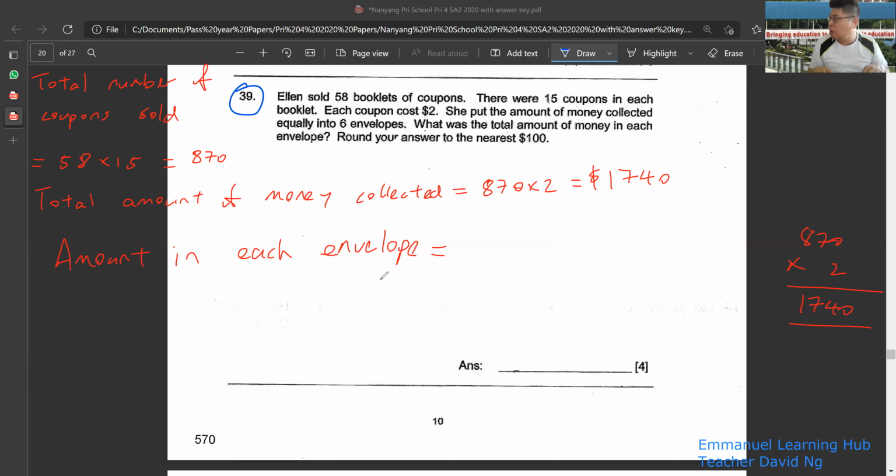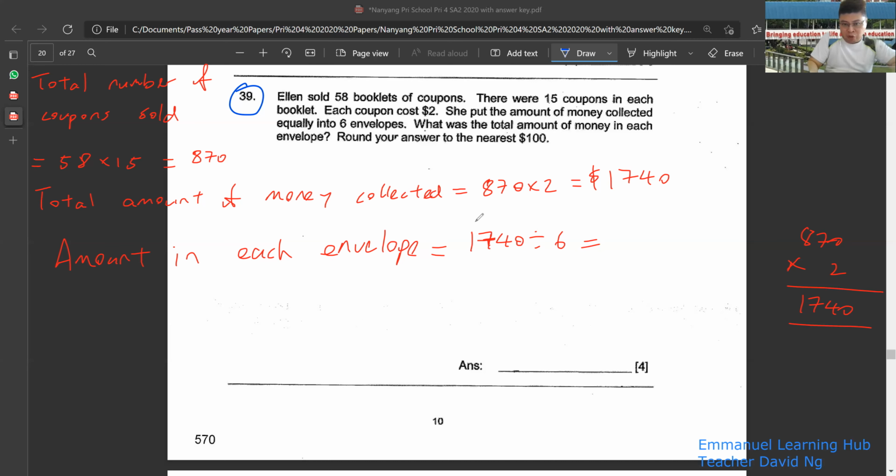You make a good guess. How many envelopes she has altogether? 6. How much money she has? 1740. Then what must you do to find the amount in each envelope? 1740 divided by 6. That's correct.